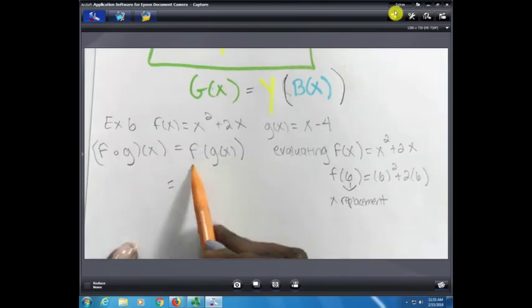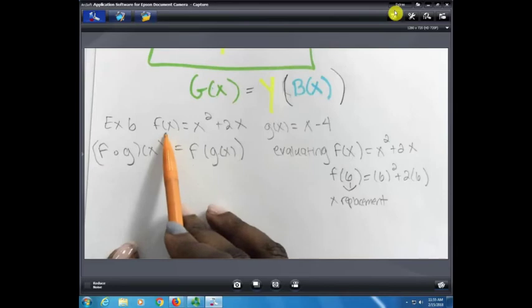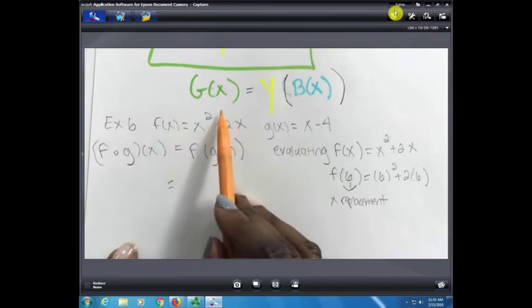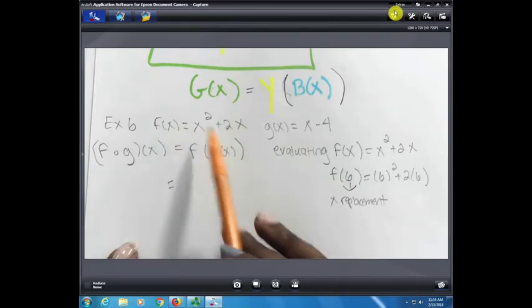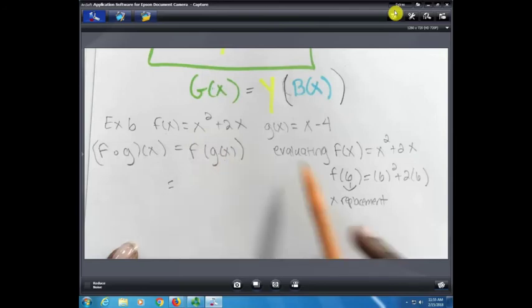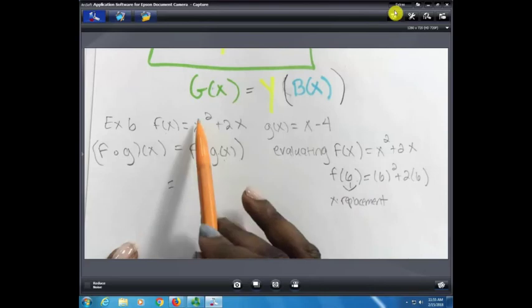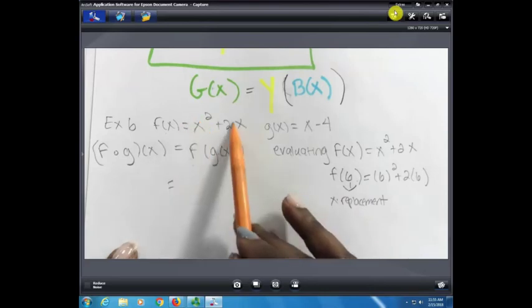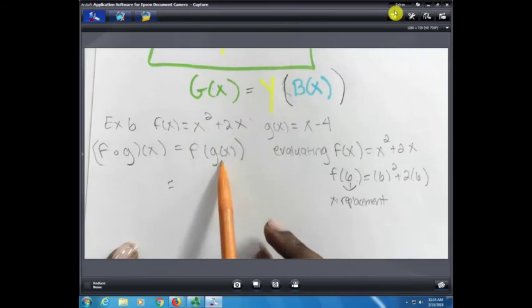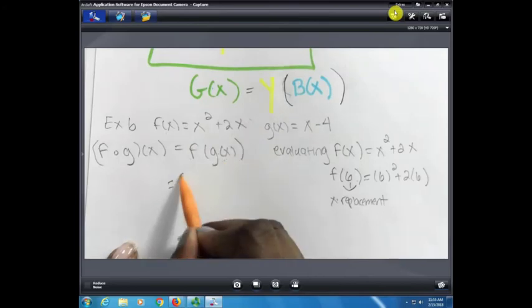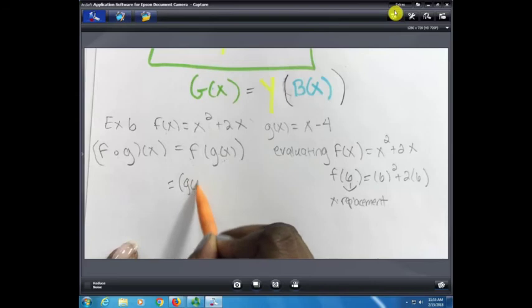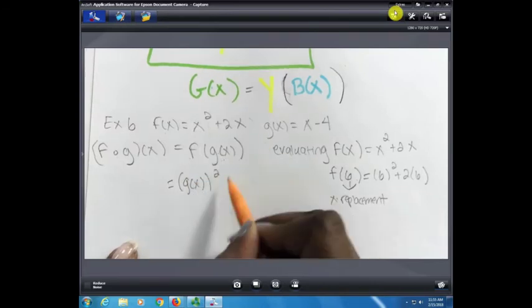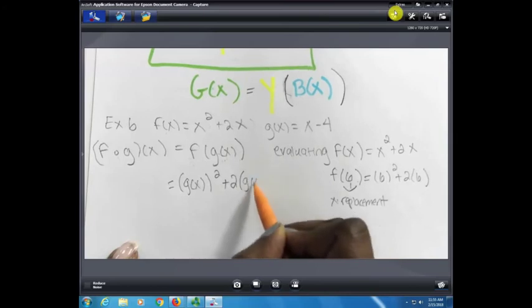This one is telling me that I'm going to take my f function, this x squared plus 2x, and again, anything that's inside the parentheses is an x replacement. So I'm taking my f function and replacing my x values with g of x.